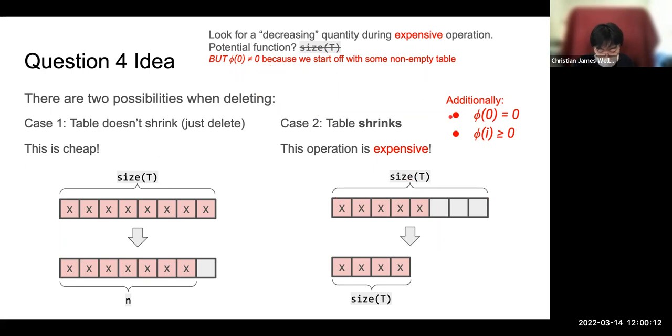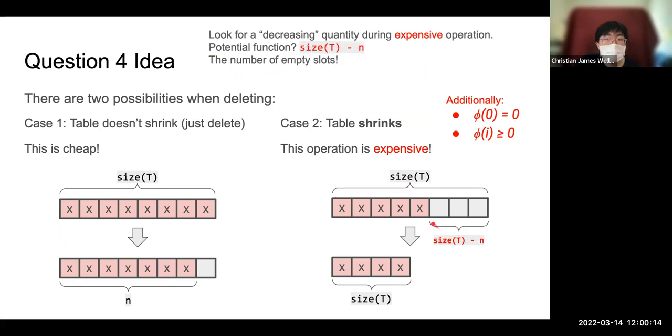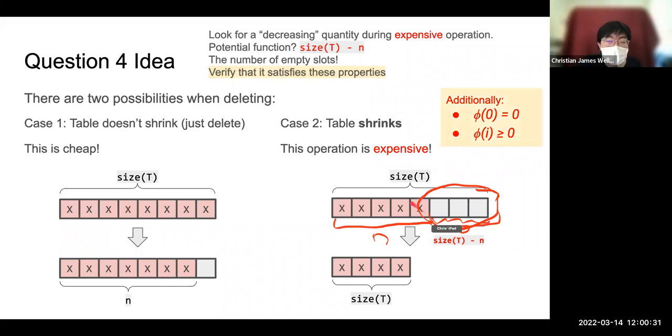Another way to define it is size of T minus n. If you look at it mathematically it might not make sense, but this is actually the number of empty slots. How many slots are empty in the table? And verify it satisfies these two conditions. Why?